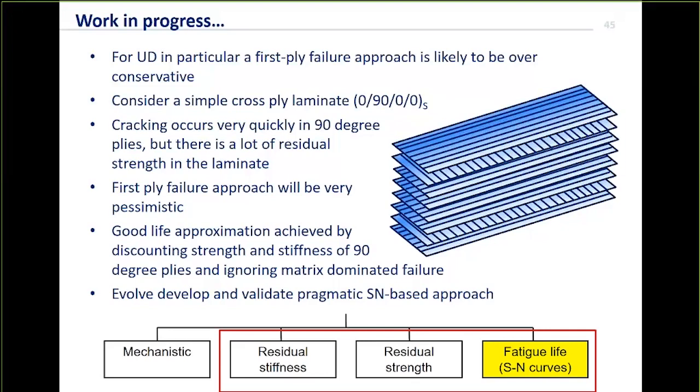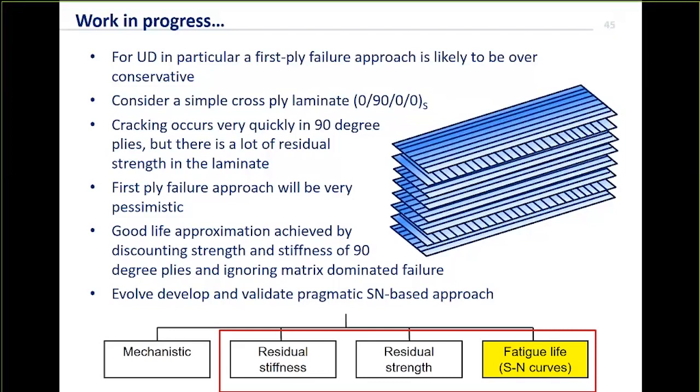So if you just use a first ply failure approach, you get a very pessimistic prediction. But you can actually get a very good prediction if you just discount the strength of the 90-degree plies. So you redistribute the load to the 0-degree plies and recalculate, ignoring the matrix dominated failure. Then you actually get a very good simulation.